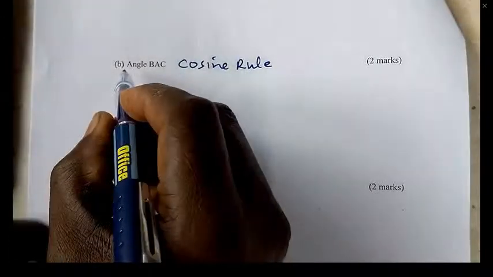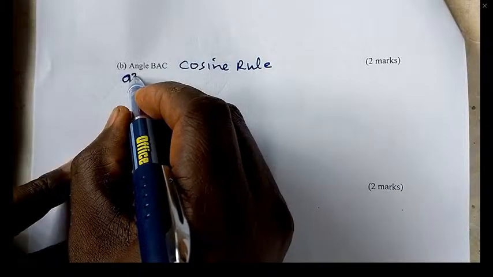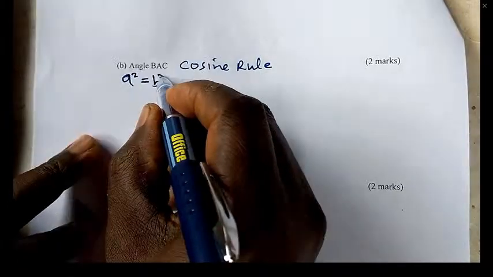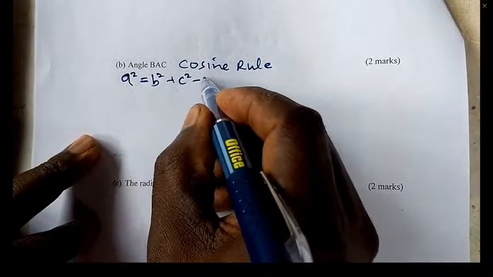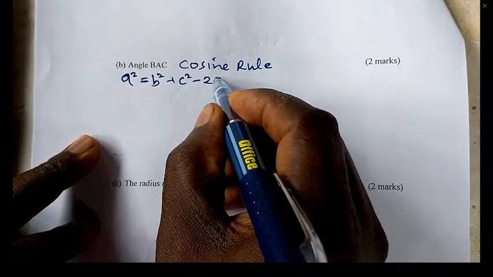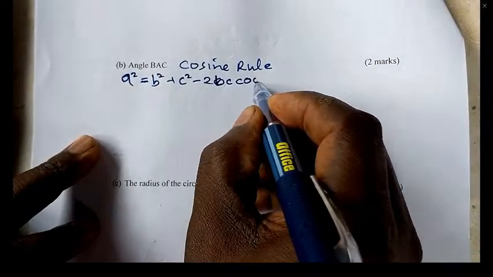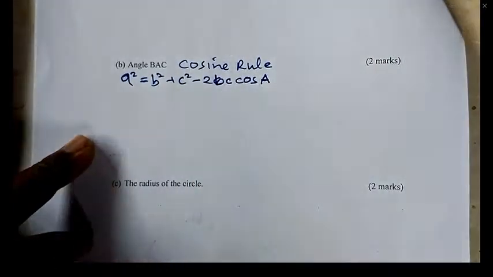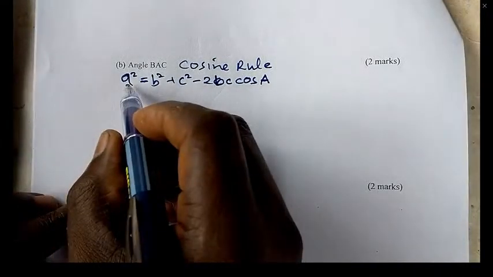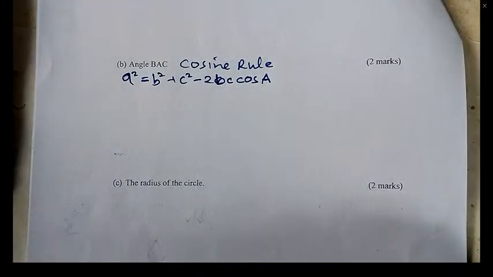So because we need A, we are going to start by saying that A square is equal to B square plus C square minus 2BC cos A. Now you substitute A. Our A is 10.